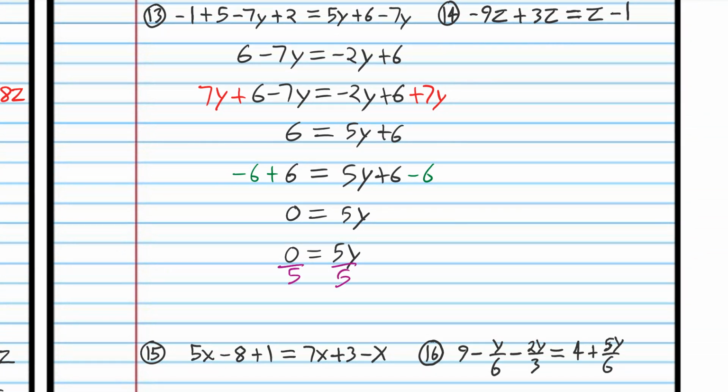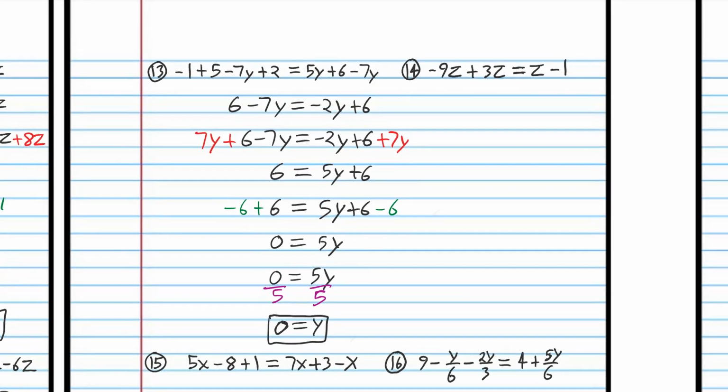And you tell me, if you have a fraction with 0 in the numerator, what is that value going to be? Well, if you said 0, good job. I forget if I had you do that one on your own, but if you did that one on your own and you got 0, good job.